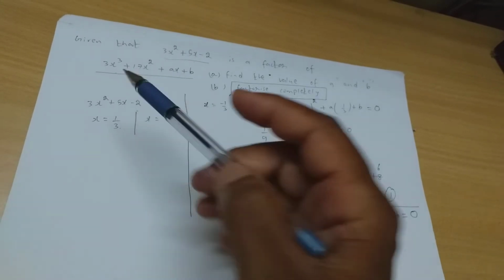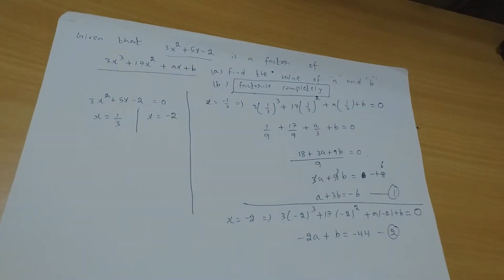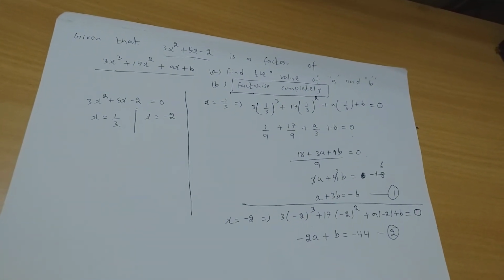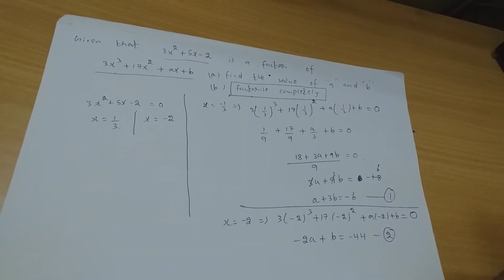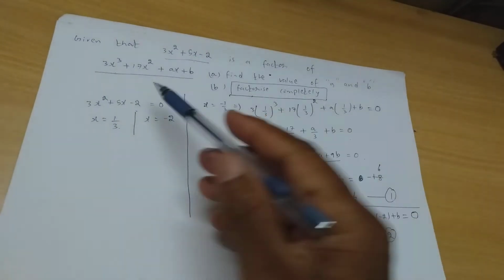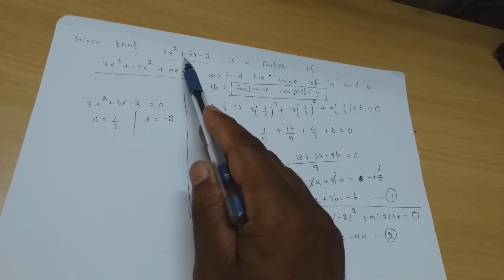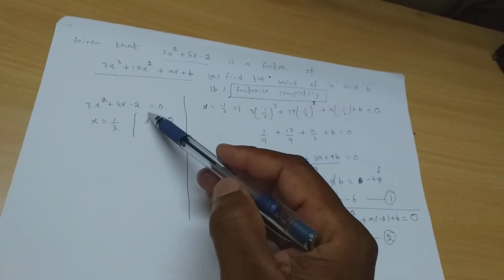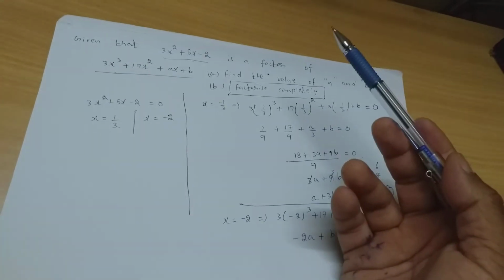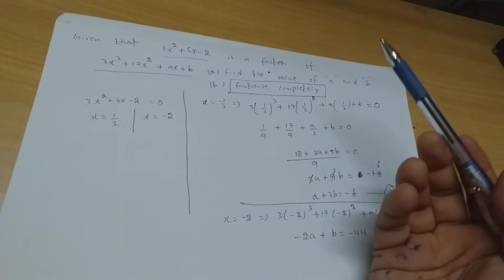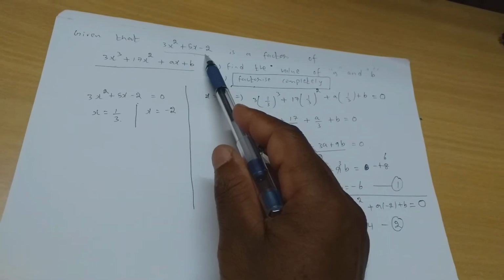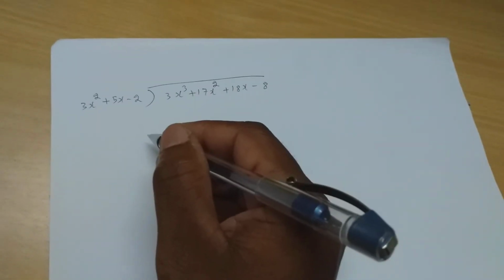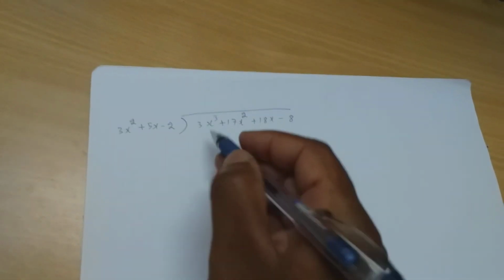That means to factorize it completely, you should find out the other unknown factor which is not given, and you are supposed to find out. Are we clear? This has got 3 factors. Here power 2 means only 2 factors you got from here. So the other factor you need to find out. That we find out by dividing this with this. Did we understand? Okay, so to find the other factor I need to divide.